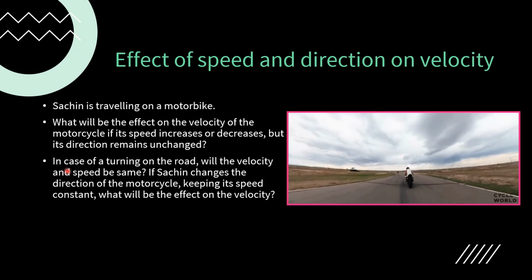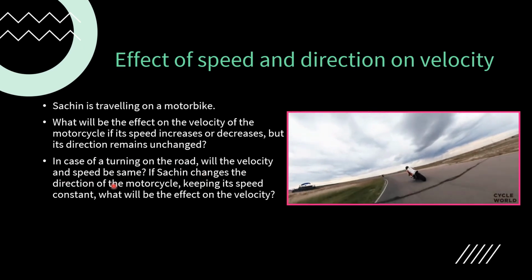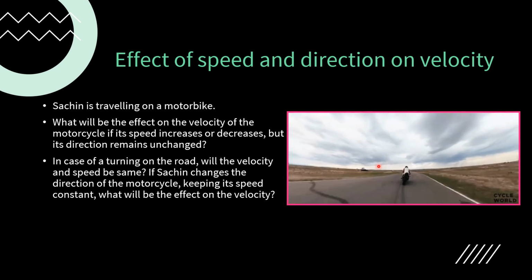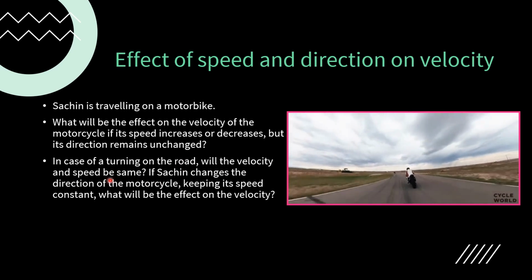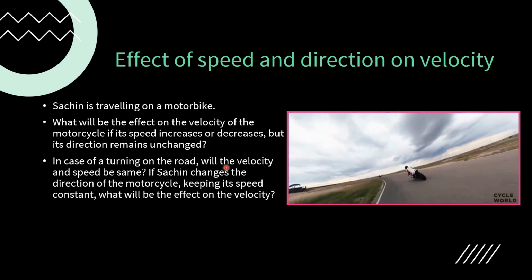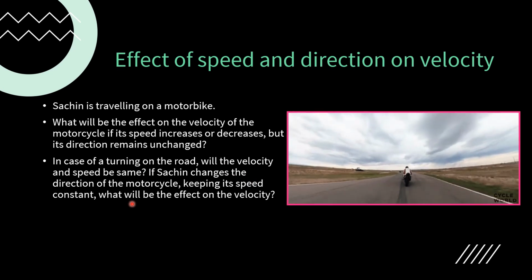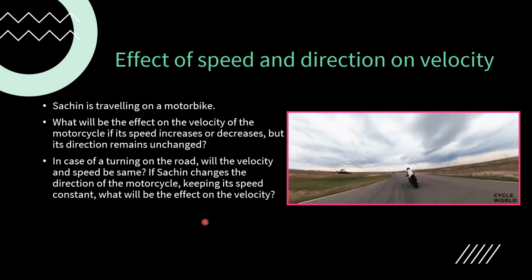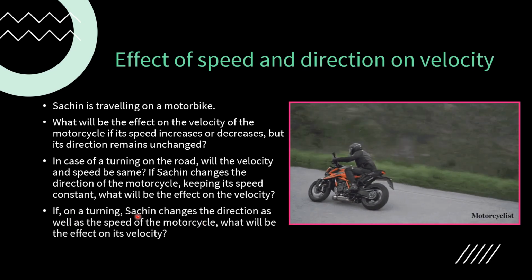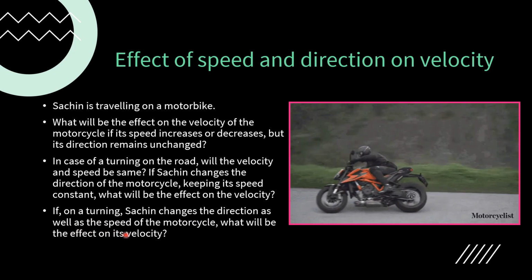In another case, there is a turning on the road. Will the velocity and speed be the same? No. Since there is a change in direction, the turning means there is a change in direction. Even though the speed of the bike is constant, definitely the velocity will change. If on turning, Sachin is changing direction as well as speed of the motorcycle.